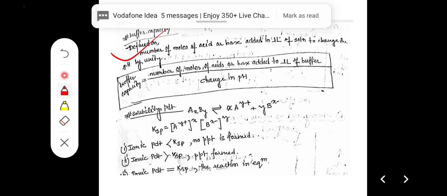So the number of moles of acid or base in 1 liter of solution that changes the pH by unity is defined as buffer capacity.